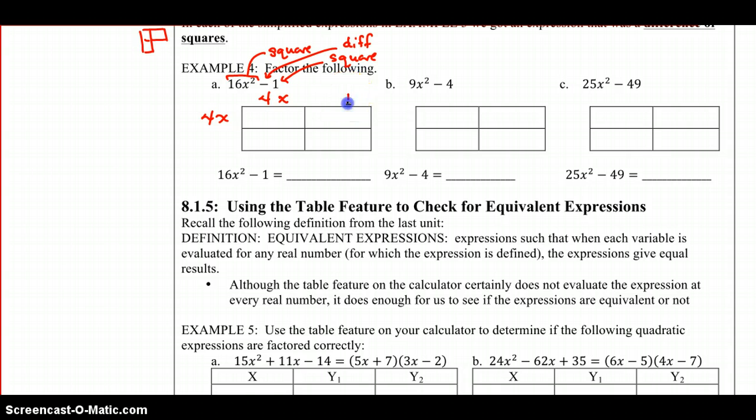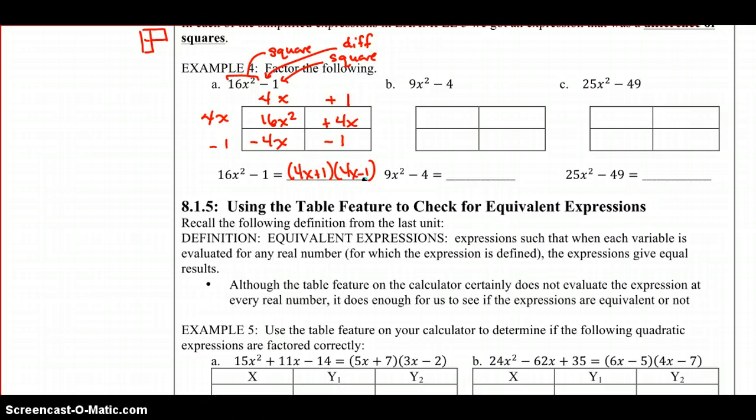And 1 times 1. And to get a negative 1, we need one of these to be positive and one of these to be negative. So if we multiply these out, we're going to get 16x squared plus 4x minus 4x minus 1. Again, when we collect like terms, we're going to get 16x squared minus 1. So this factors as 4x plus 1 times 4x minus 1.